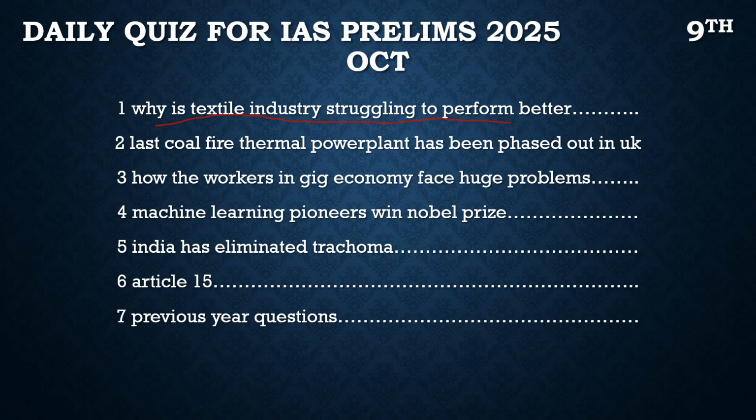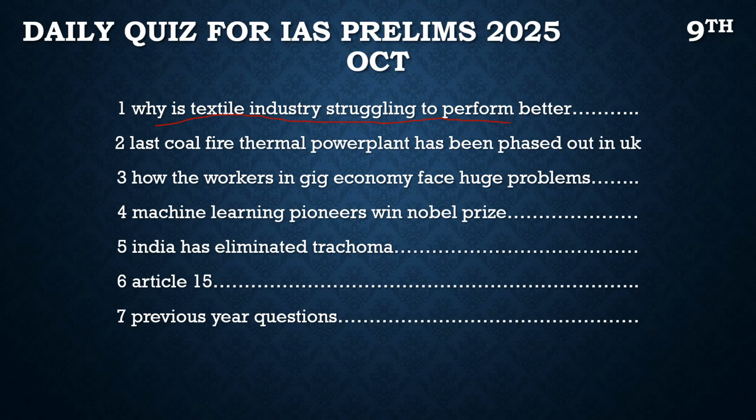He further says there is a 10% import duty on the raw materials, because of which the cost of raw materials increases. According to the author, if this 10% import duty on raw materials is reduced, it will definitely have a good impact and help boost the textile industry. So this is, in a nutshell, why the textile industry is struggling to perform better.